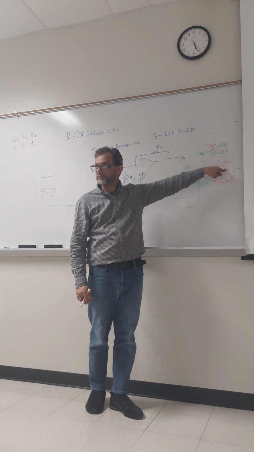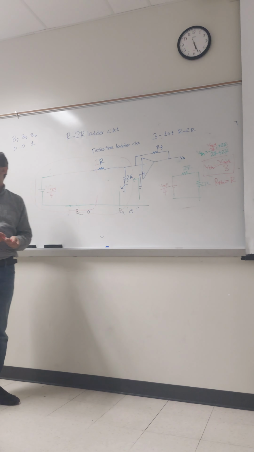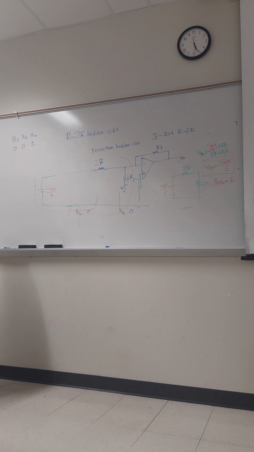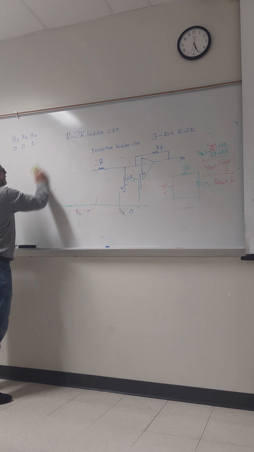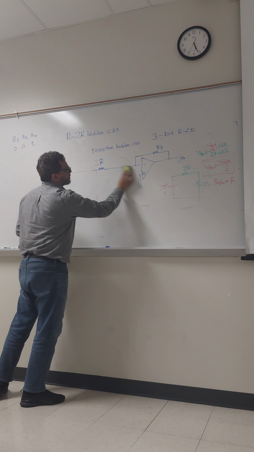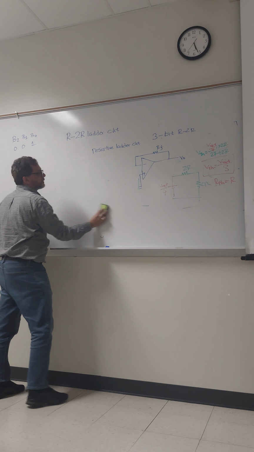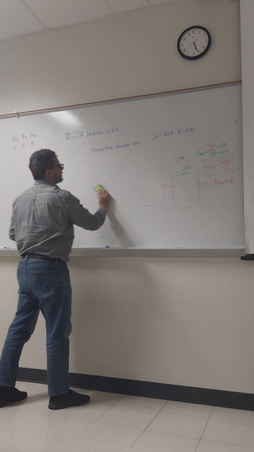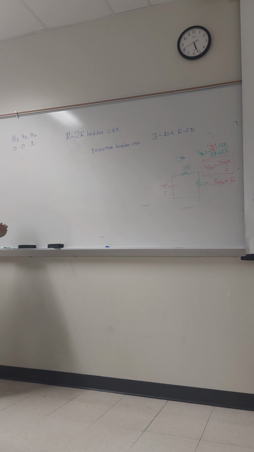Okay? Clear? Any confusion? Okay. So this is for 0, 0, 1. What about for 0, 1, 0?